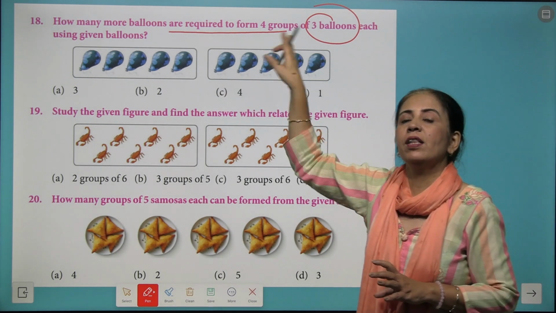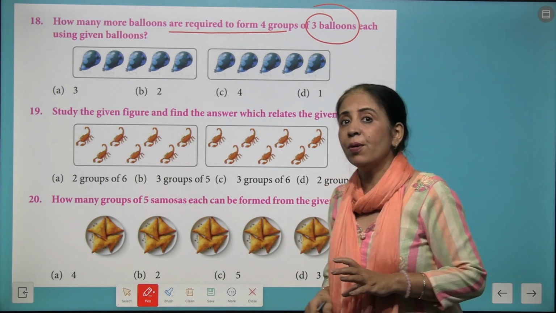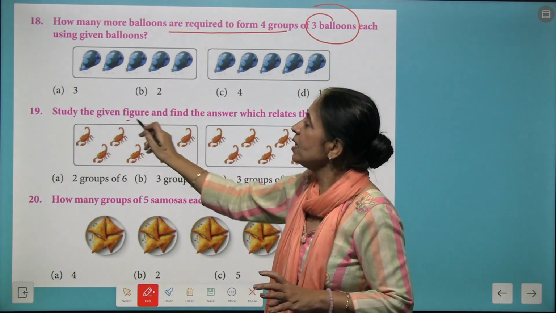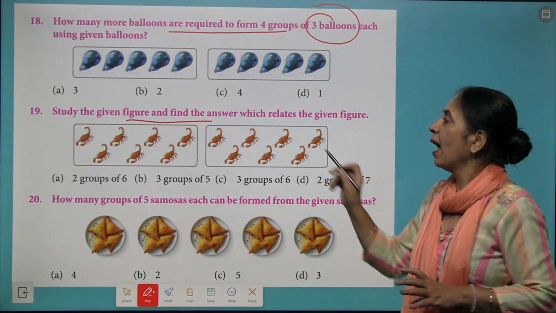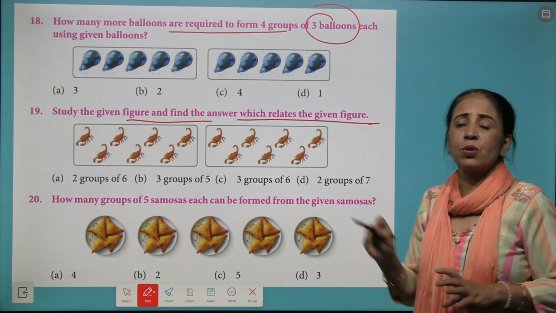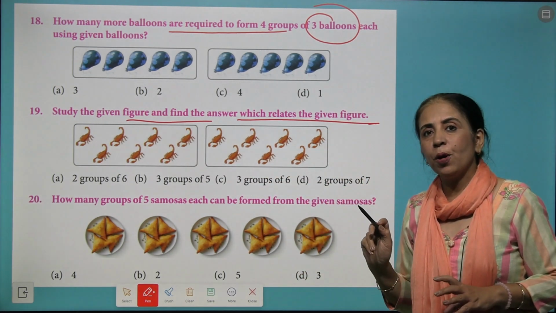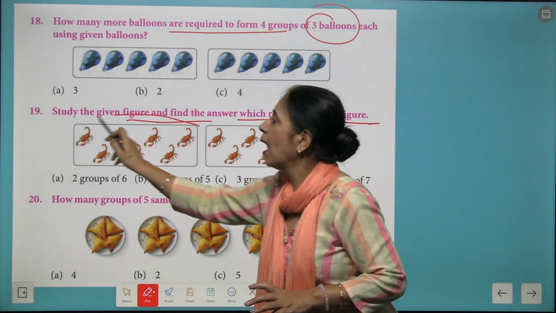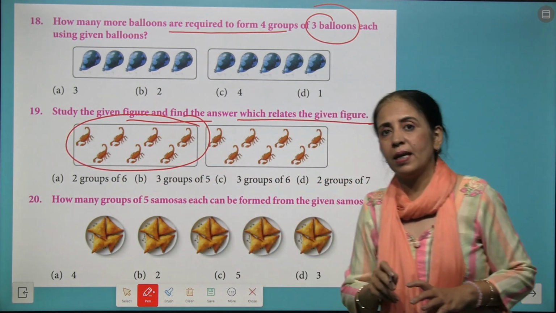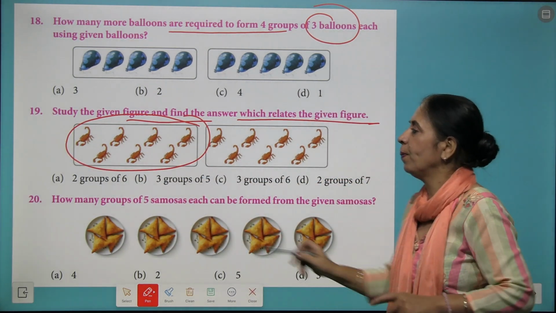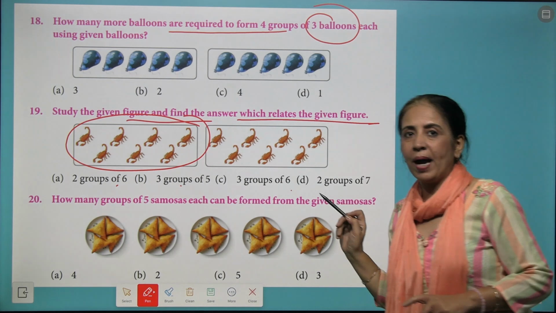So you will find the difference and get the right answer. Next question is to study the given figure and find the answer which relates to the given figure. So first check how many groups there are and then how many spiders in each group. So you'll be able to choose the right answer.